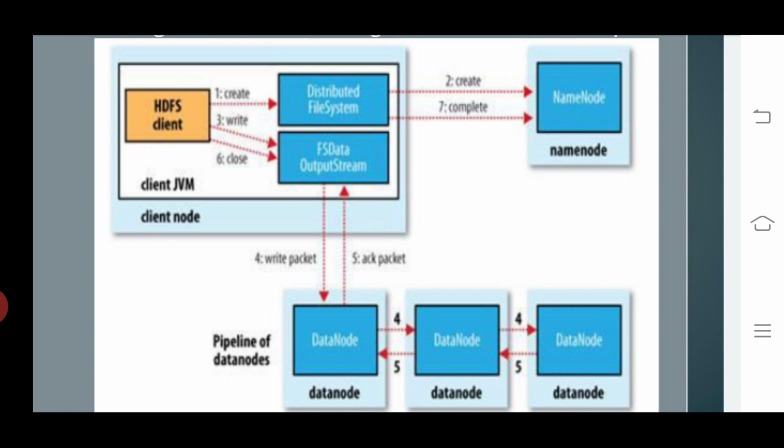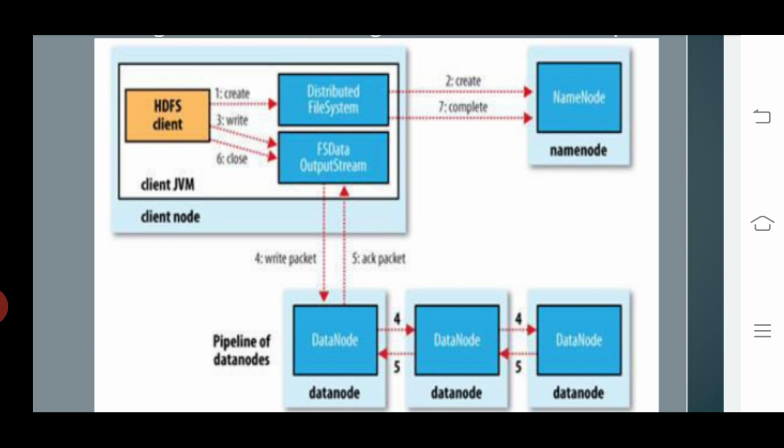So that the partial block on the failed data node will be deleted if the failed data node recovers later on. Now the failed data node is removed from the pipeline, and the remainder of the block's data is written to the two good data nodes in the pipeline.